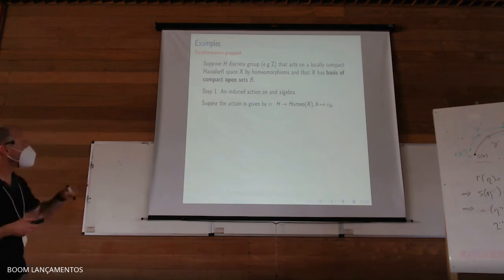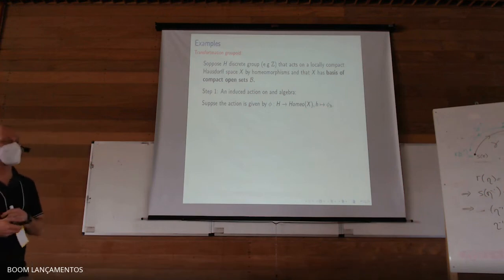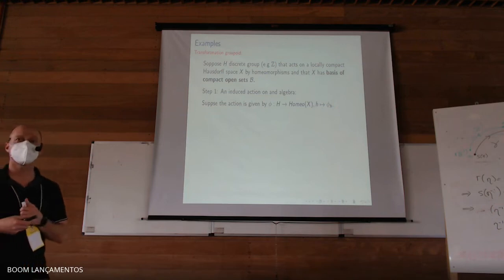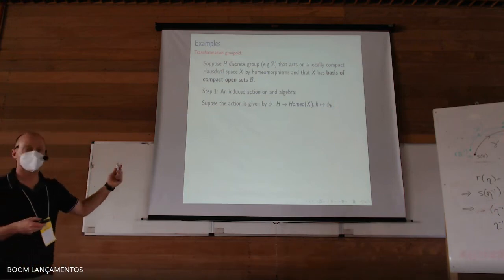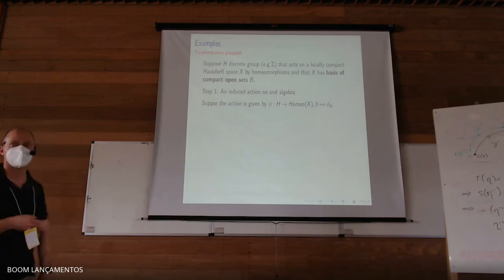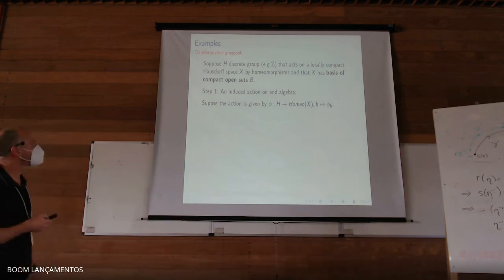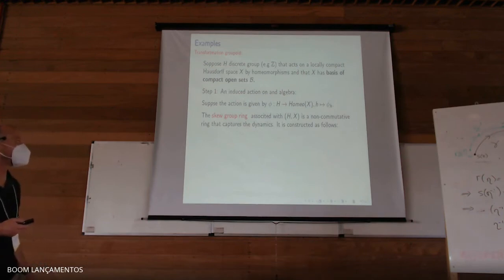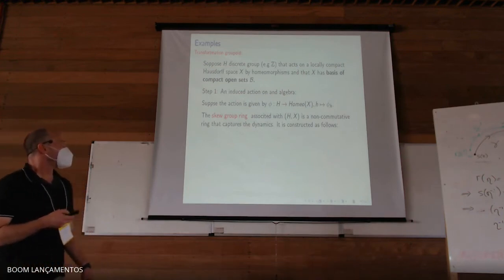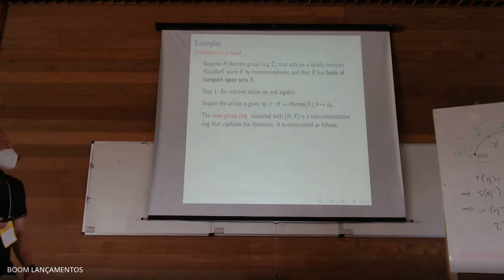Okay, so suppose we've got some function from the group into the set of homeomorphisms that preserves the group operations. This is what we mean by an action, right? So each phi h is a homeomorphism on X. So the skew-group ring associated with the dynamical system H acting on X is a non-commutative ring that captures the dynamics.